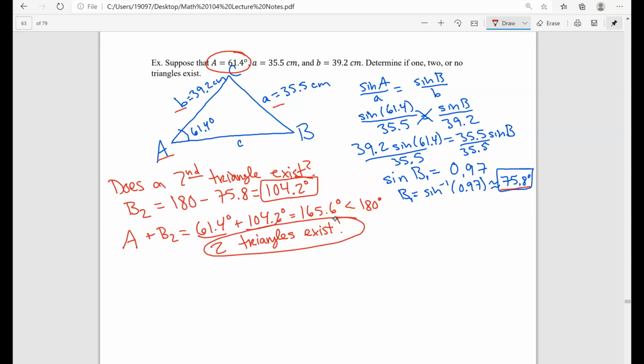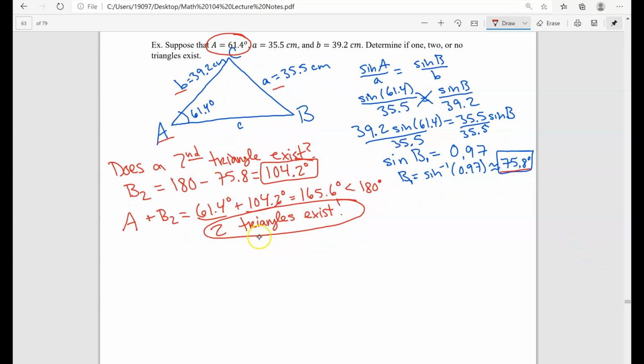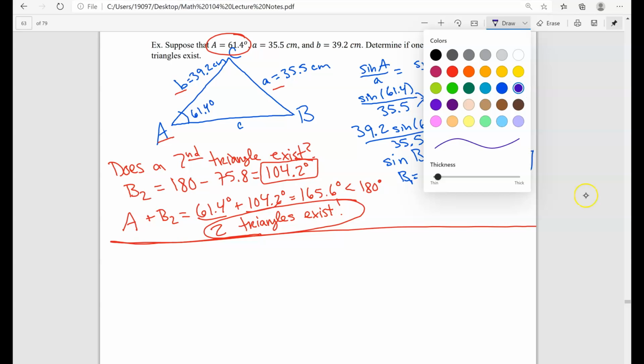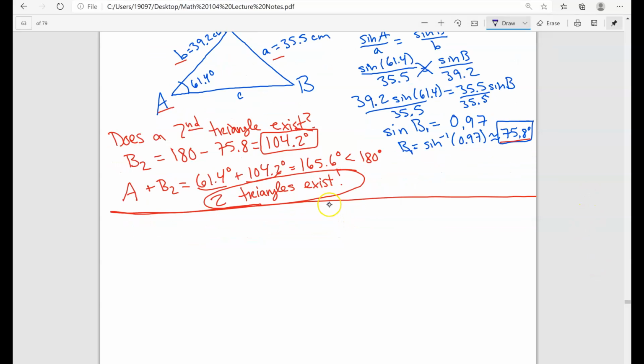So now what we've got to do is figure out what they all are. The way I'm going to do it is start off by writing down everything that I know. I'm going to try to organize this a little bit. I'm going to have the first triangle here, and then I'm going to write my work for the second triangle. So let's figure out what we have.